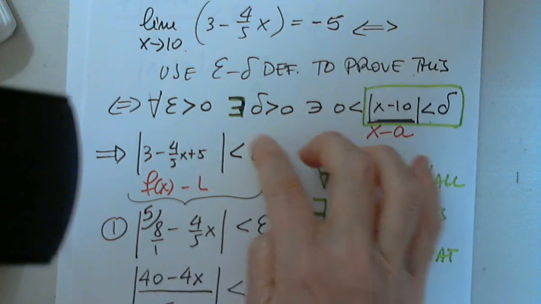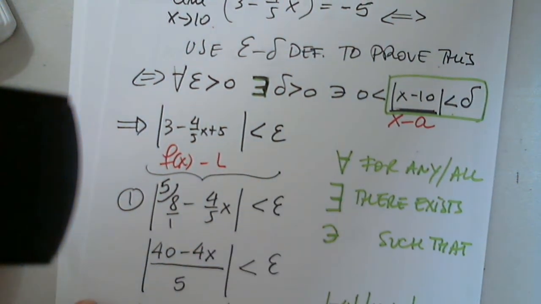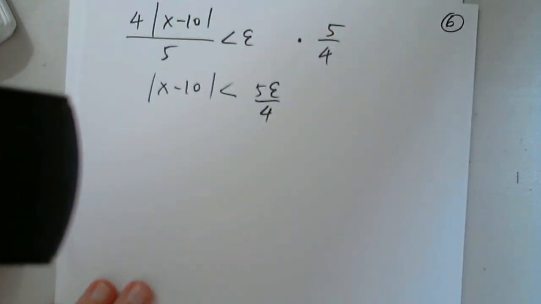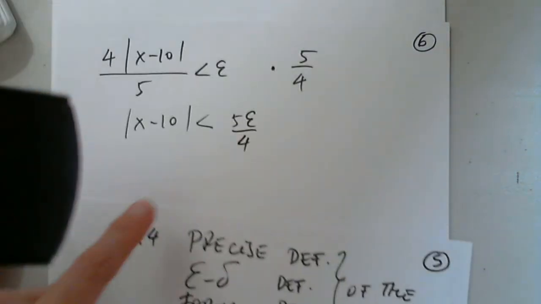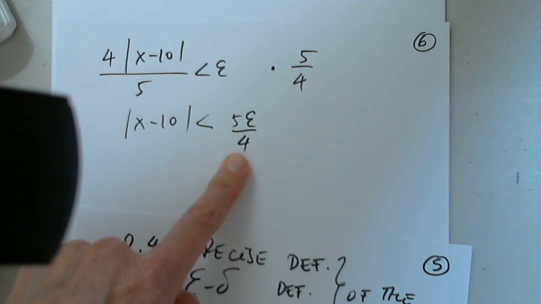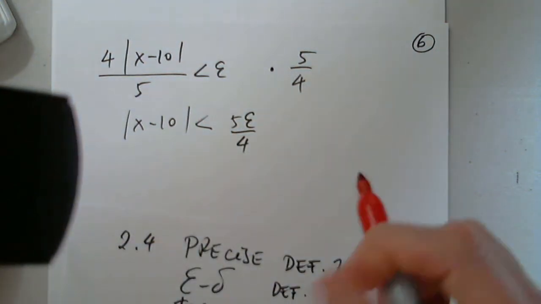So I start here, I manipulate with all the algebra that I can think of, I get this, and this is what I'm after in order to identify delta. And delta depends on epsilon.